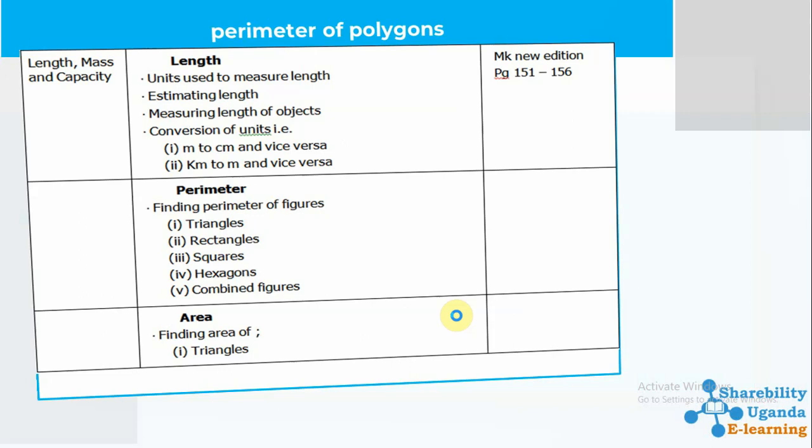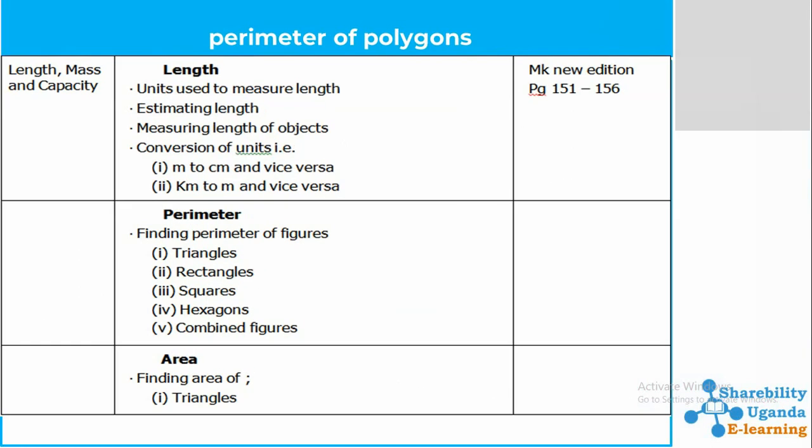Okay, so now before we start, this is our program. We have been looking at various lessons on our curriculum breakdown, and we had so far tackled length, estimating length, measuring length, then changing meters to centimeters, kilometers to meters, decameters, decimeters, among others.